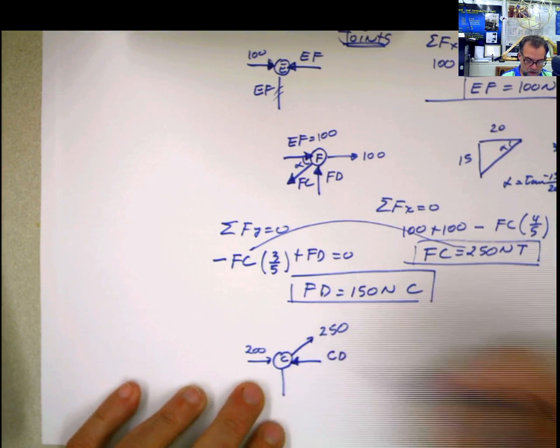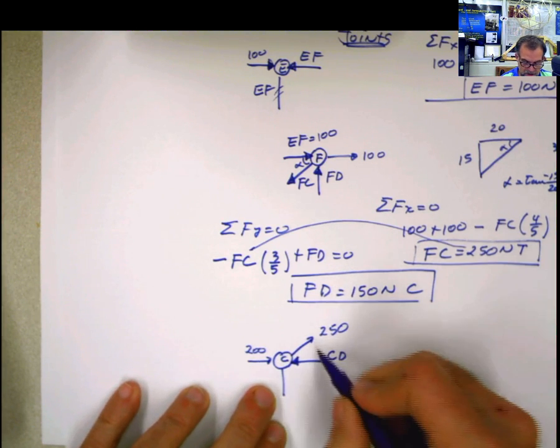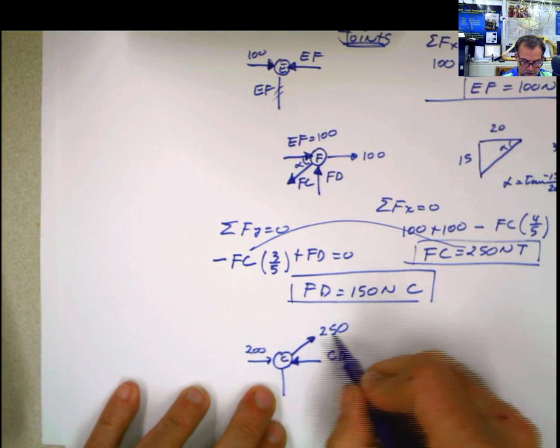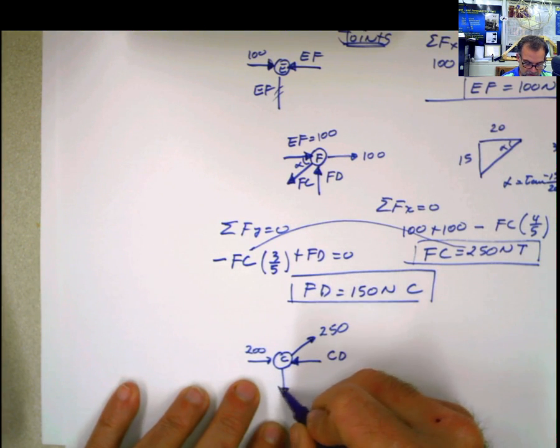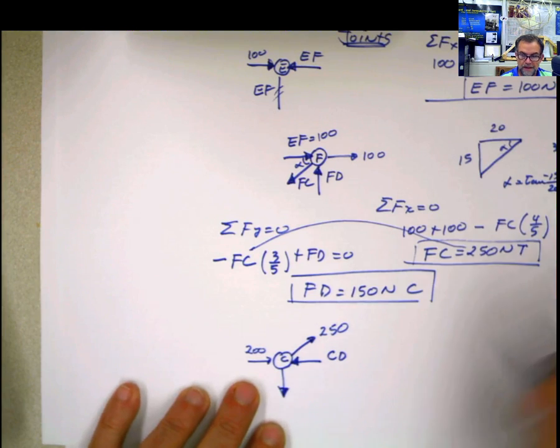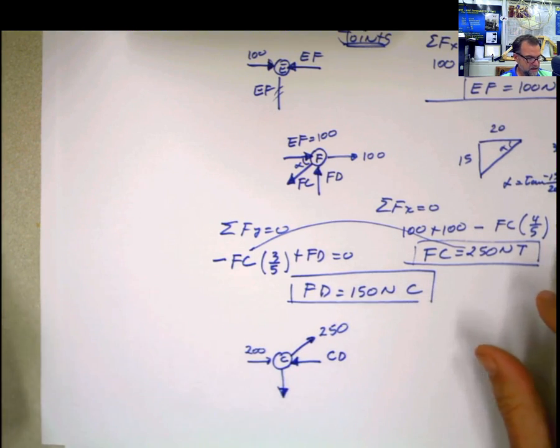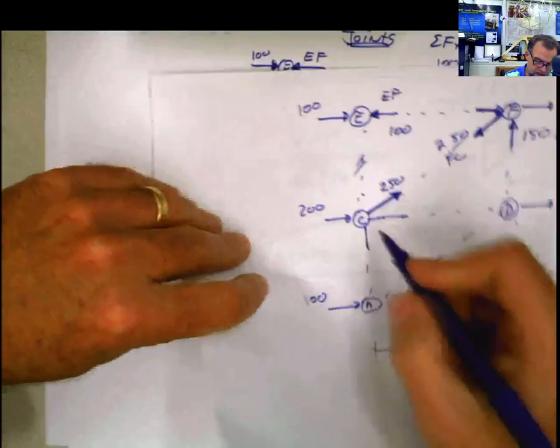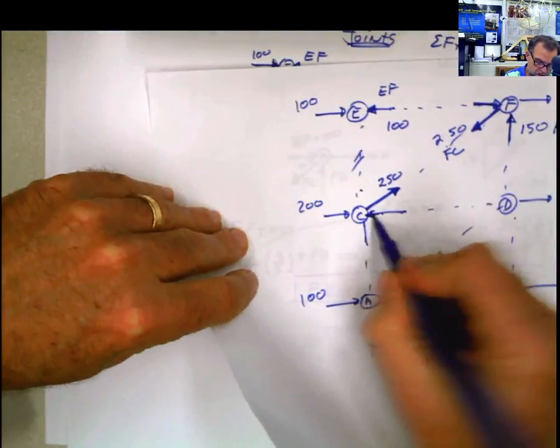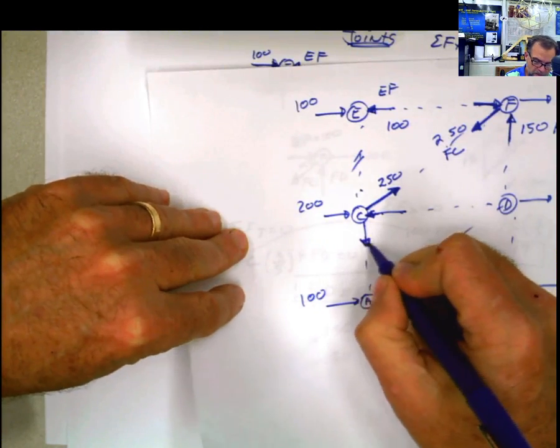Now, do the analysis for this one again. This force is going up. The only possibility is if I have this force coming down. In that way, I don't have to change any sign. So I go back here and I put my signs. This is going this way and this is going that way.